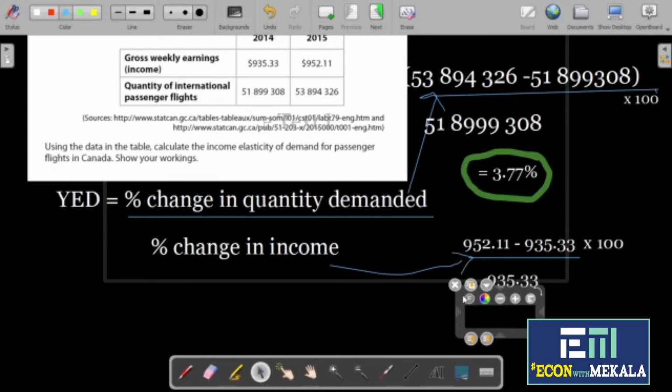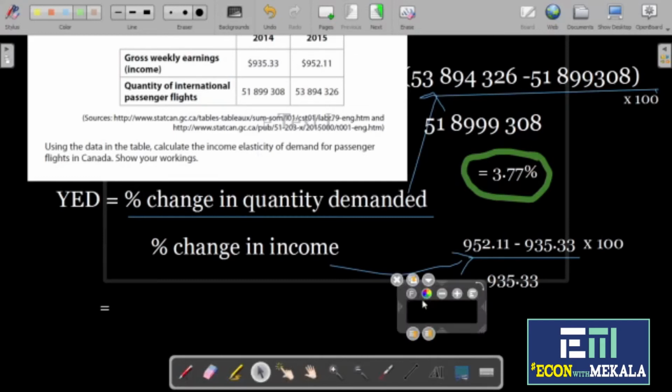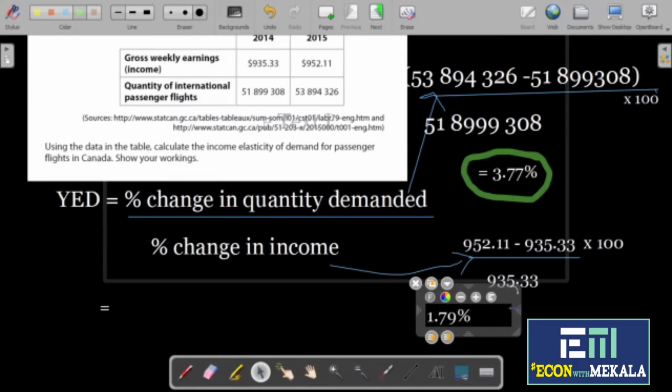If you simplify this, we get 1.79% as the percentage change in income.